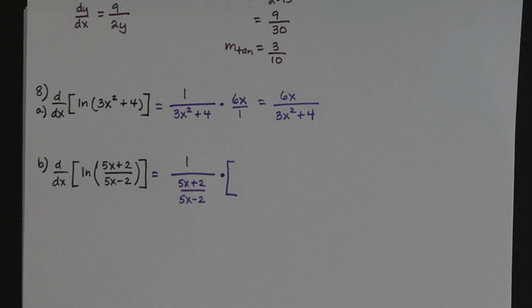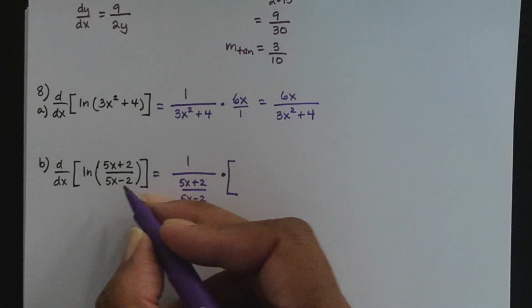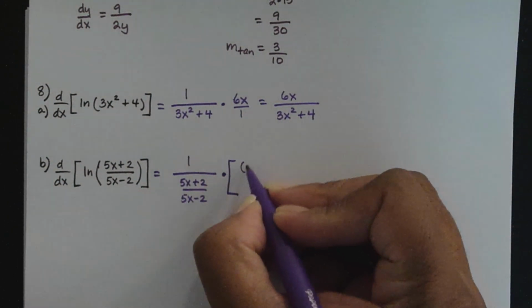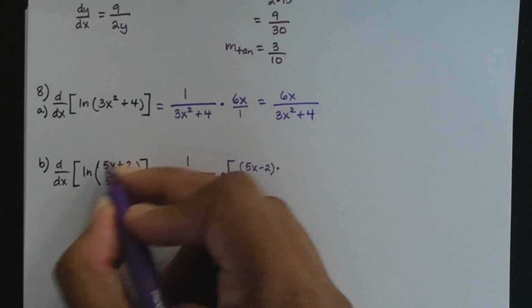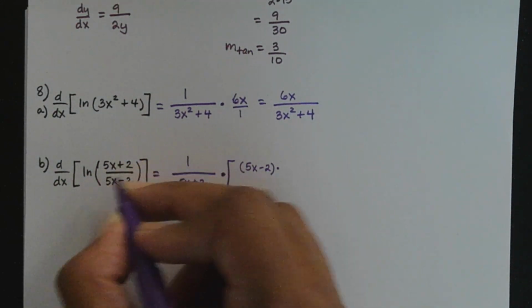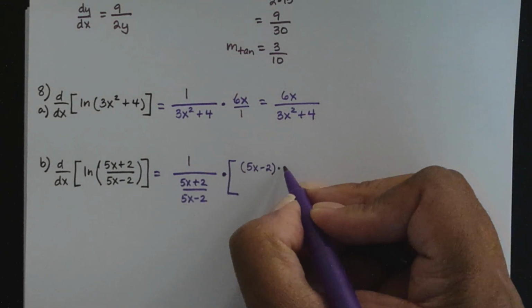So what rule do I need to use there to take its derivative? Quotient rule. Okay, and the quotient rule is going to be this. The low, that's the 5x minus 2, times the derivative of the high. What's the derivative of 5x plus 2? Just 5.